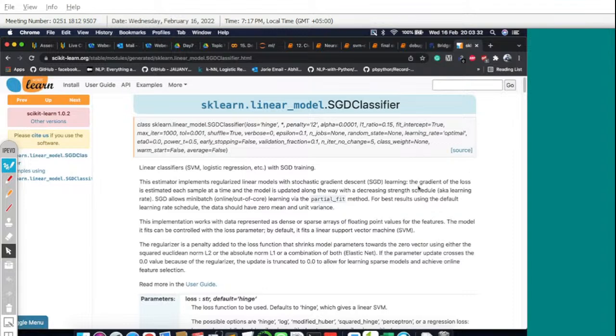There should be an iteration, max iteration, penalty L2, alpha, random state, learning rate. This is an iteration number.